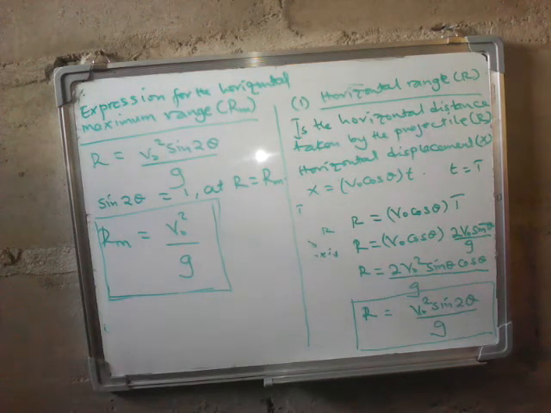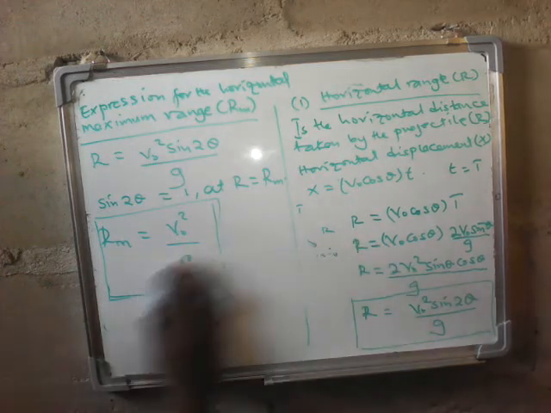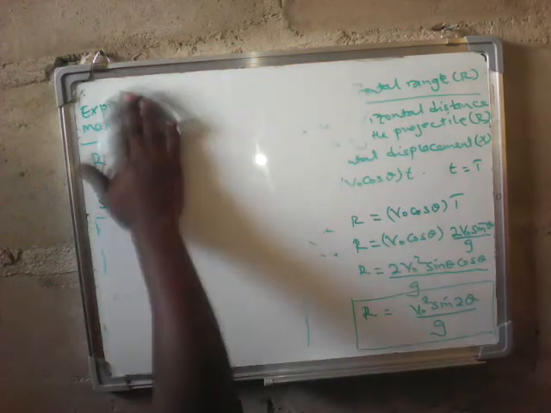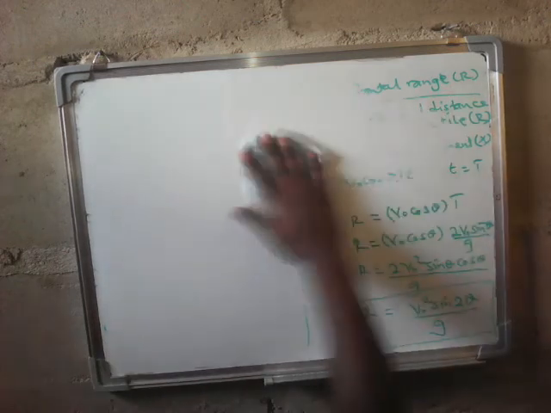From that point, now we can look at the vertical range, which is the same as the maximum height.